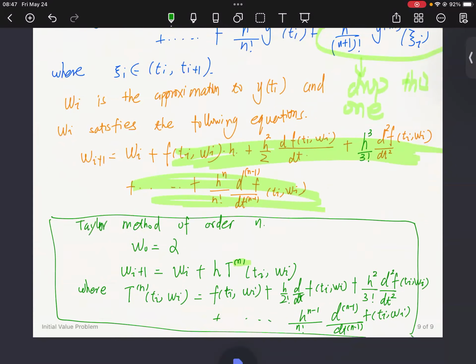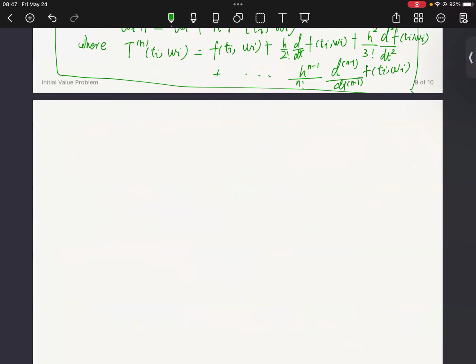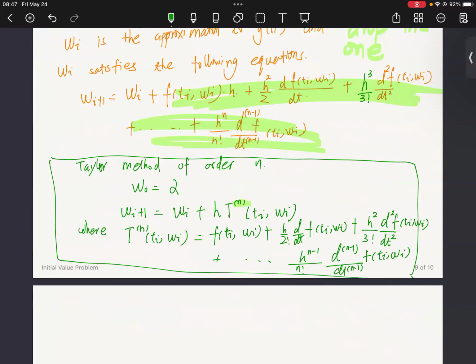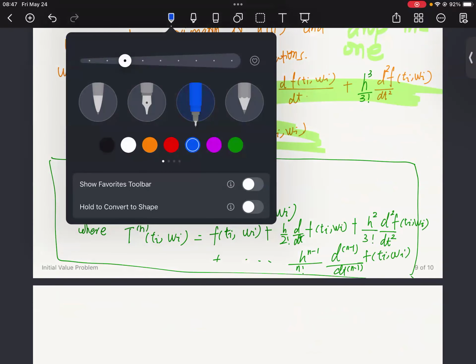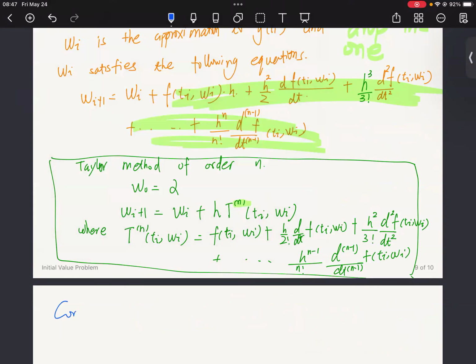This is the Taylor method of order n. Now, what is the connection between what you learned last time, Euler's method, and Taylor's methods?